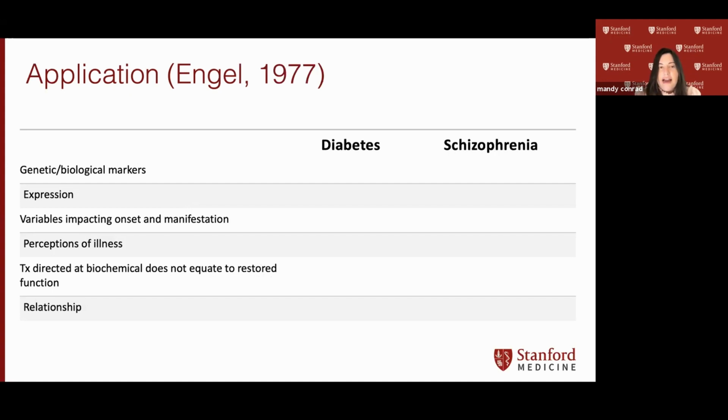So to give you a little background, and I am simplifying this just a bit for the sake of the lecture tonight, but Dr. Engel, the author of this article, was a professor of psychiatry and medicine. And for those of you who aren't aware, psychiatry is a part of medicine, and they're dealing primarily with behavior or psychiatric illness. So at the time of this article, he stated that psychiatry and medicine were experiencing a crisis.